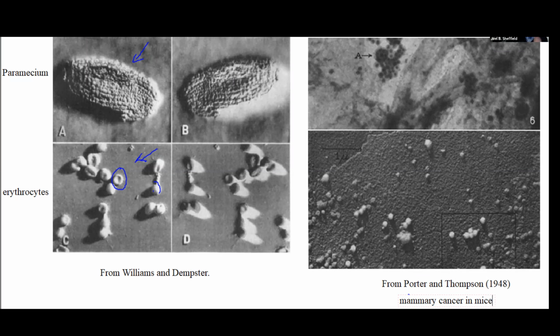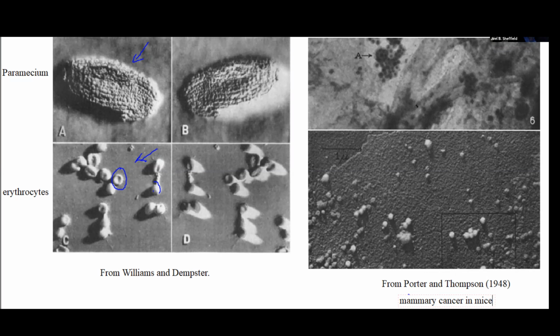There had been a lot of circumstantial evidence that there was what was called a filterable agent initially, which meant, for many people, a non-bacterial sample, therefore something like a virus, that could be transmitted in the milk of certain strains of mice, that would give the daughters of that mother a propensity towards developing breast cancer. And so this thing was originally called the Bittner agent, eventually became known as the mouse mammary tumor virus.